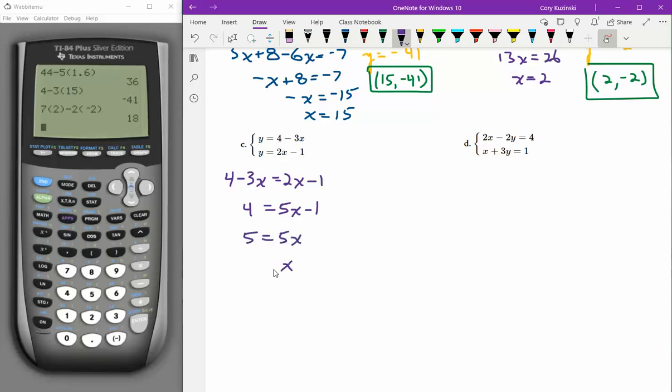And divide both sides by 5. And then we just got to plug that 1 into one of our equations. So 4 minus 3 times 1 is just 1. So our solution here is 1, 1. X is 1, y is 1.